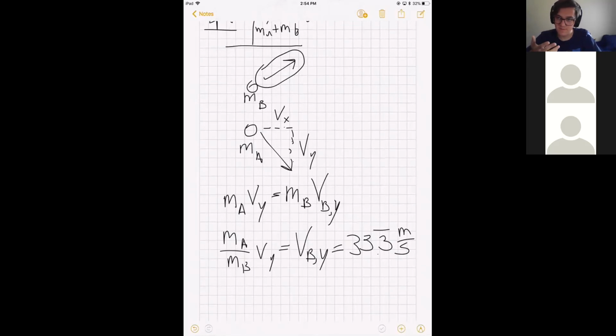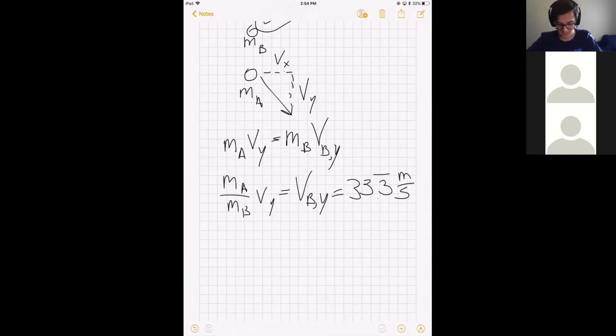And then we do the same process for the x direction. So we know what our initial velocity is. So momentum going that way is going to be equal to the momentum going in the other direction. But we need to be a bit more careful because now we're using the case before we broke apart, and that's important.